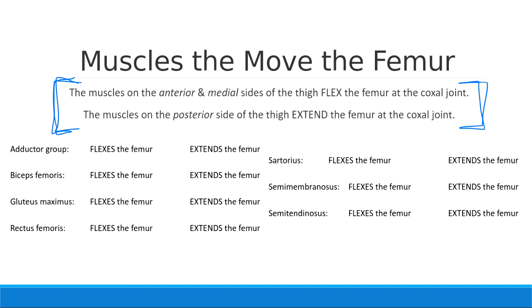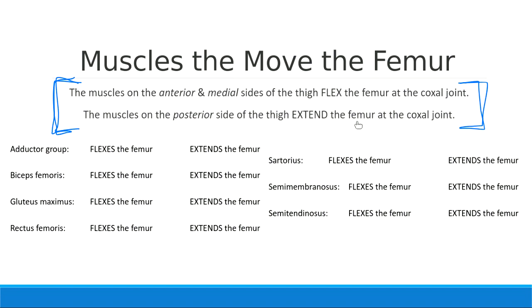Muscles that live on the anterior and the medial sides of the thigh flex the thigh, or flex the femur, excuse me. Muscles that live on the anterior side and the medial side of the thigh are going to do flexion. And muscles that live on the posterior side of the thigh are going to do extension of the femur.